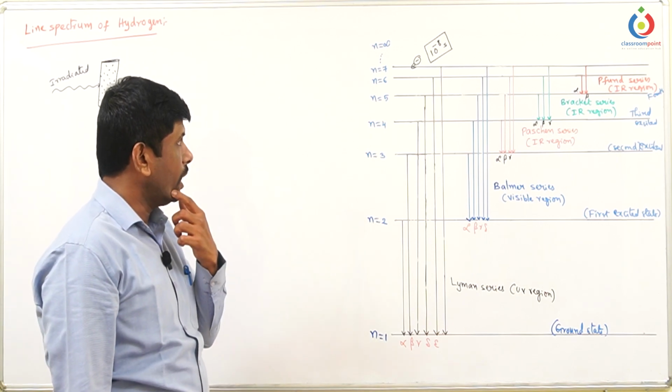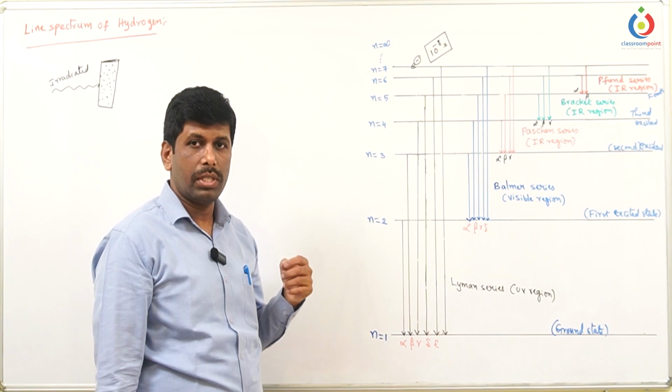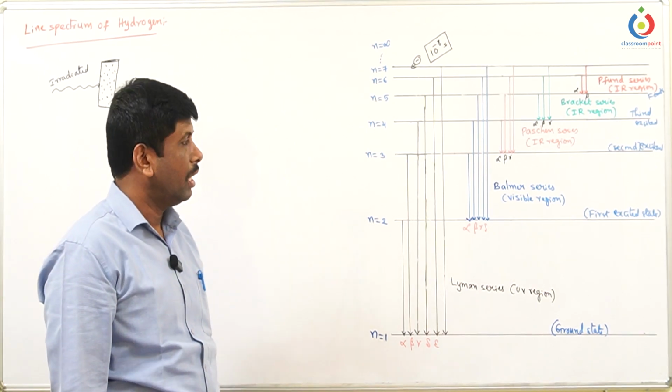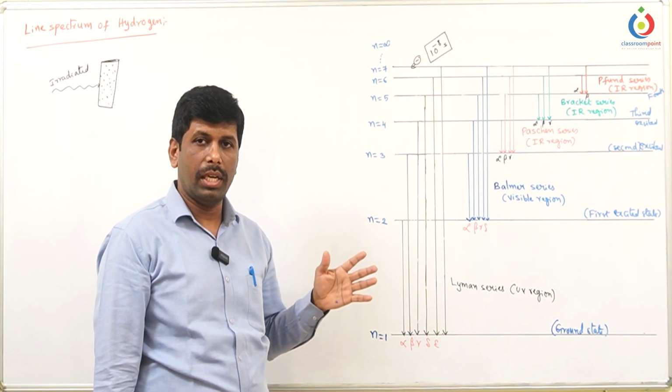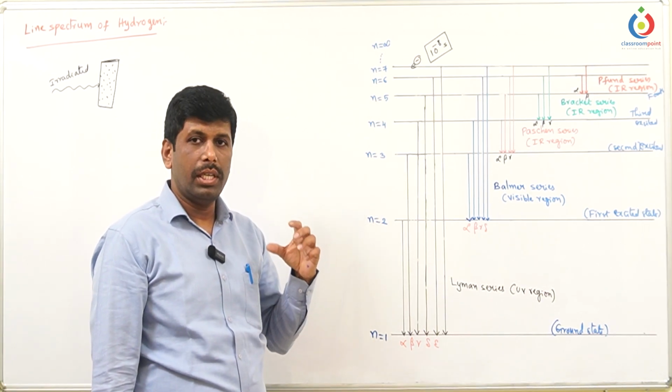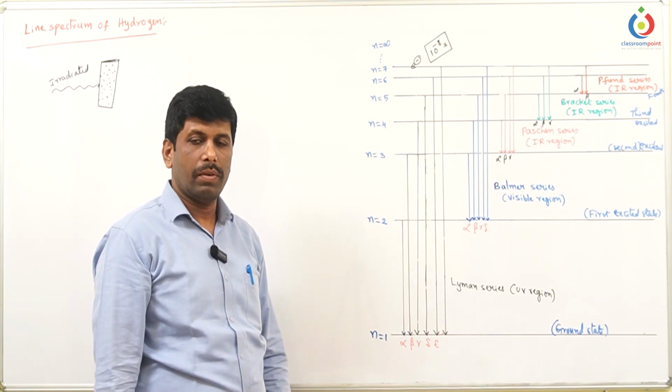So during the de-excitation process, the electron does not necessarily come directly to the ground state by releasing all the energy, but it releases the energy in a phased manner or completely. The amount of energy it releases decides the de-excitation path of the electron.